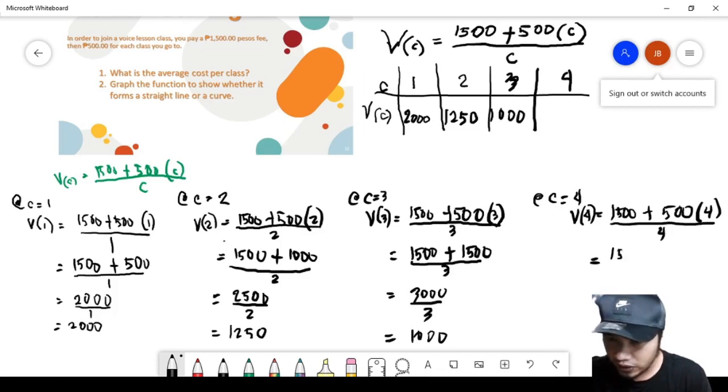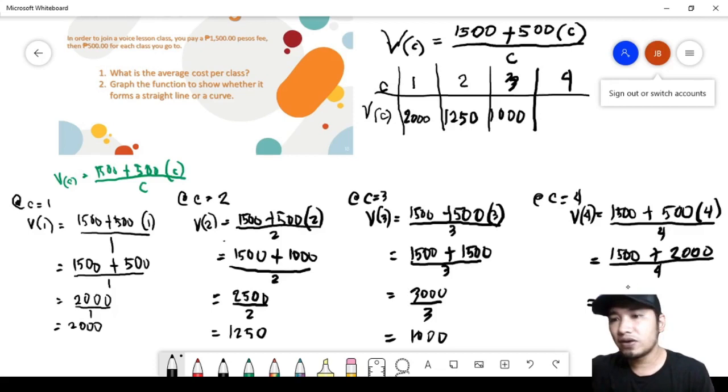That is 1,500 plus 2,000, so that is 3,500 divided by 4, that is 875. Aba, 875 ang babayaran mo kapag apat naman ang in-enroll mo.